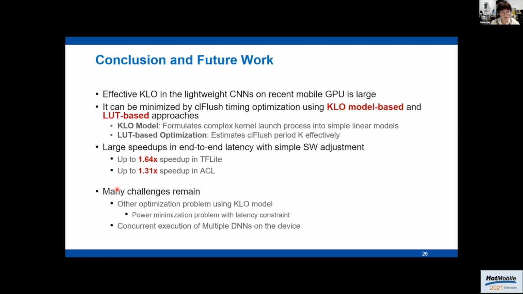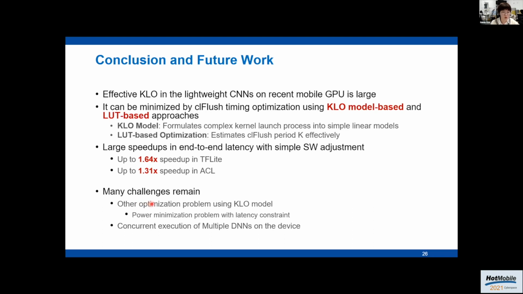There still remain many research challenges we did not consider in this work. First, we tried to minimize the latency without any design constraint. However, one can solve other optimization problems with some constraint using the Clo model.